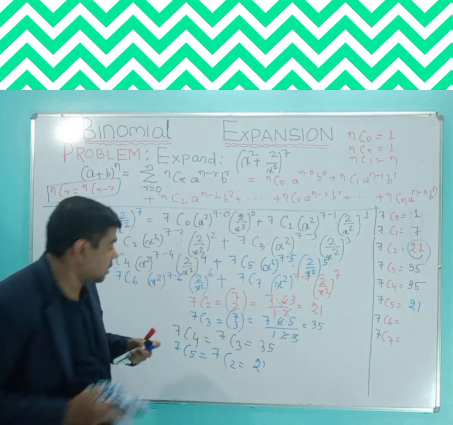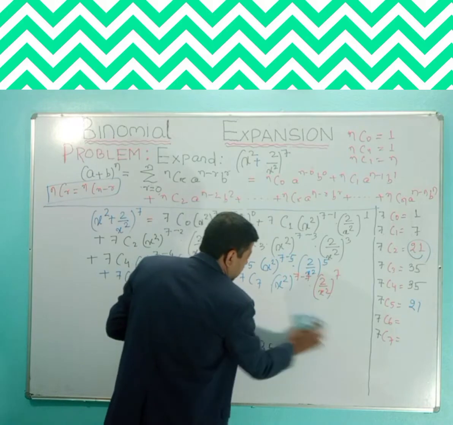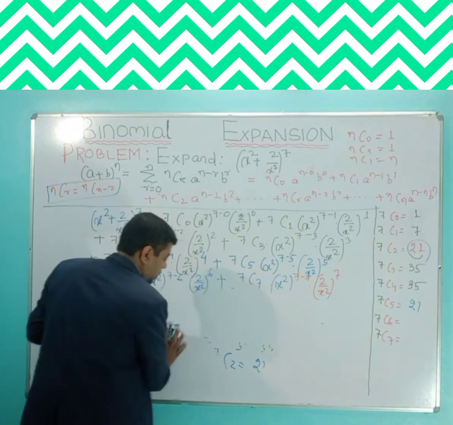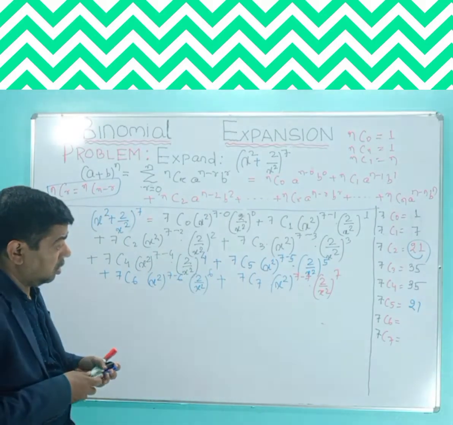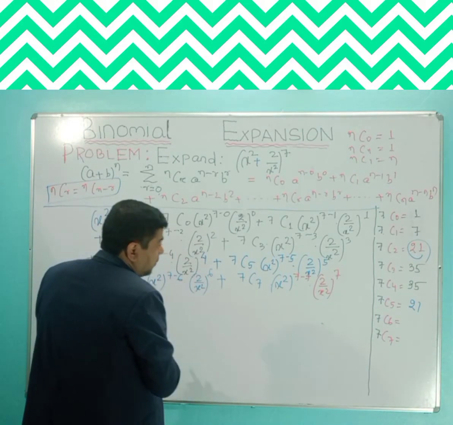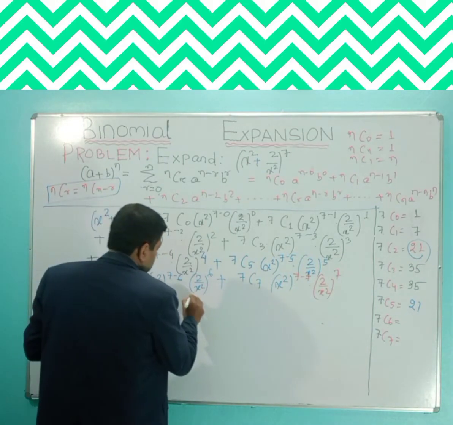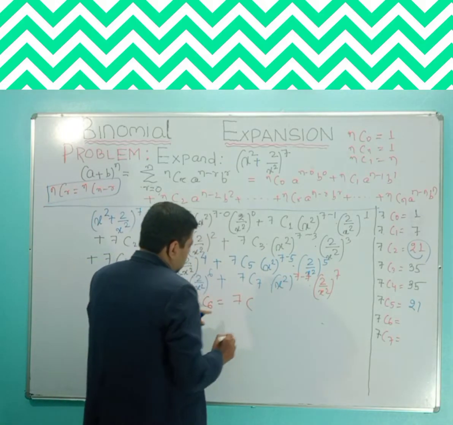Okay, understand? Let us note down here how to calculate the binomial coefficient, how to simplify the binomial coefficient, using the easy process and simple formula. Understand? So the next point is 7c6, and 7c6 is equal to 7c1, since 7 minus 6 is 1.